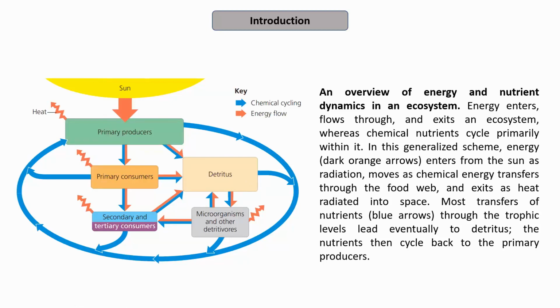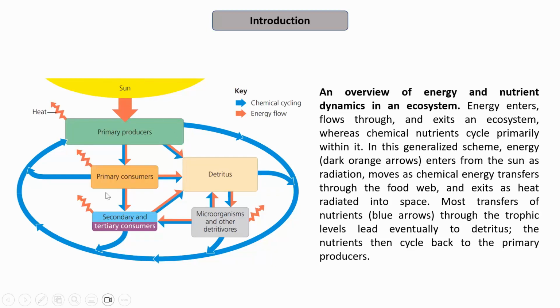In the case of energy flow, there is an entrapment of energy, a utilization, and then a release of energy back into the environment. But with the nutrients or chemical cycling, once the chemical nutrients enter, they are just recycled within this ecosystem only.